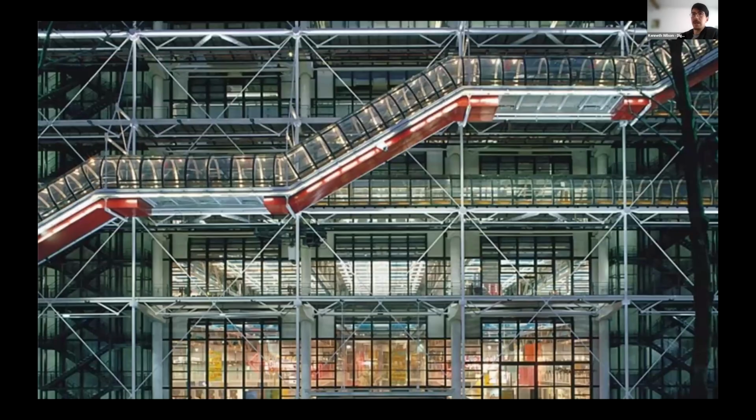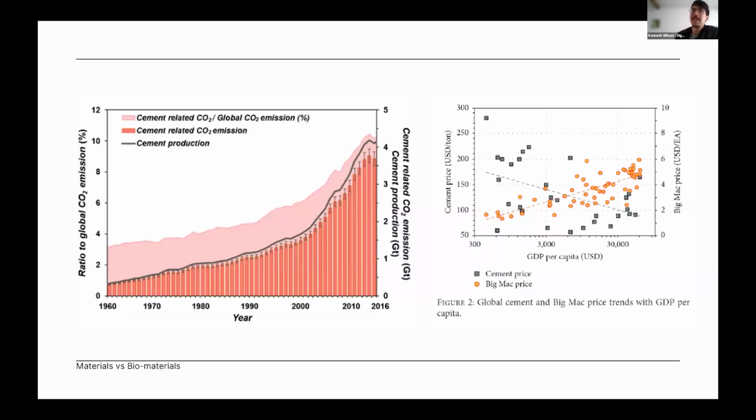Steel also took a kind of the forefront in many cases, like this is the Pompidou Center in Paris, also amazing project.